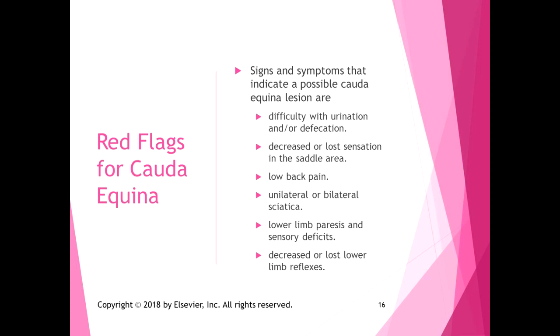If you have low back pain and some of these other red flags, like decreased or lost lower limb reflexes and difficulty with urination or defecation, you're thinking, wow, there's something more going on. It's not just back pain, because everybody has back pain, but everybody doesn't have those other things. So a lot of times people get sent to PT with back pain, and you definitely want to make sure.